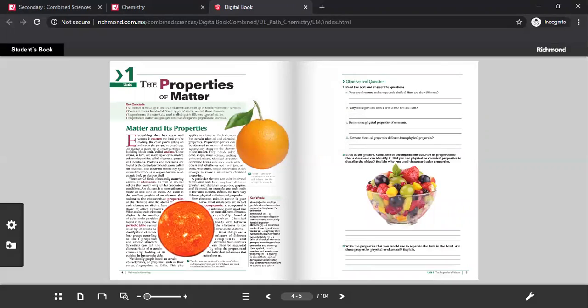We studied the properties of matter. As you remember, we started seeing that matter is made up of atoms, and atoms are also made up of subparticles, right? And that was in unit number 2.